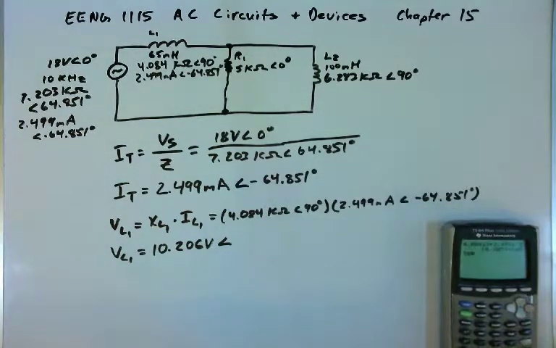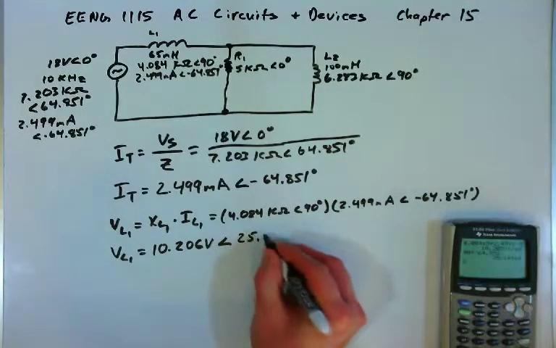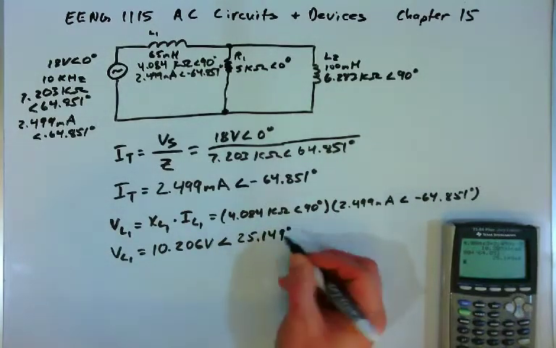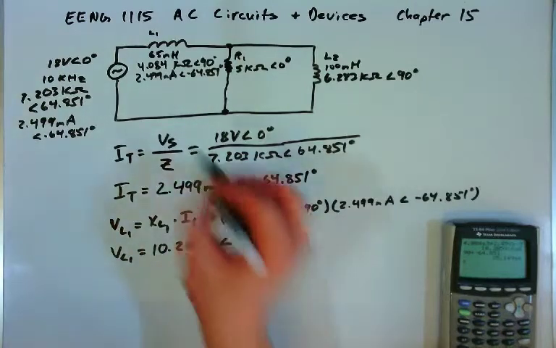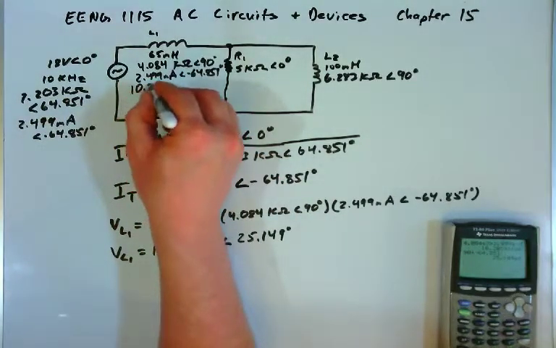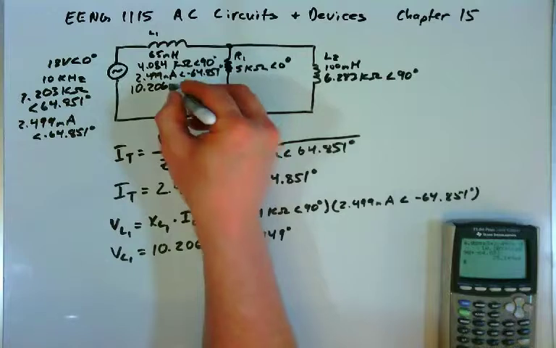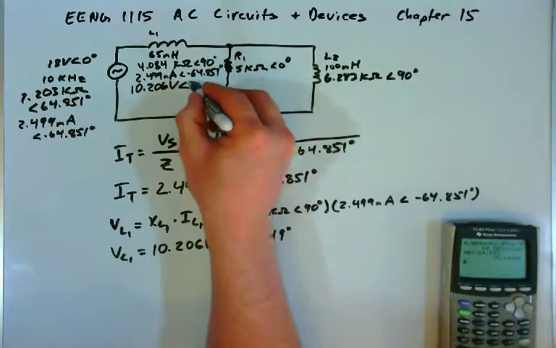And so we'll add the angles. It's a 90 plus a negative 64.851 degrees, and we get 25.149 degrees. So the voltage drop in the inductor is 10.206 volts at an angle of 25.149 degrees.